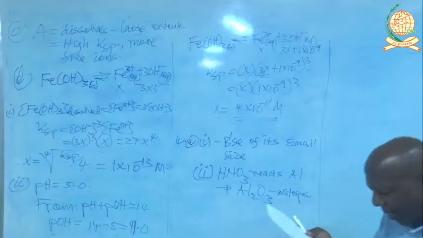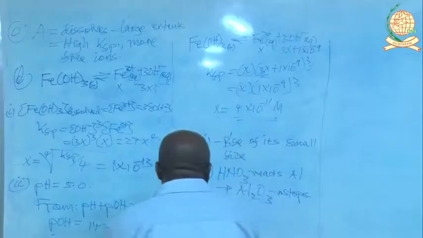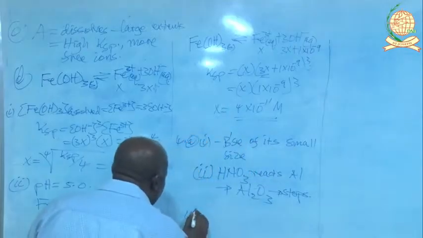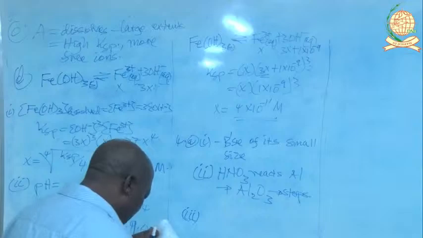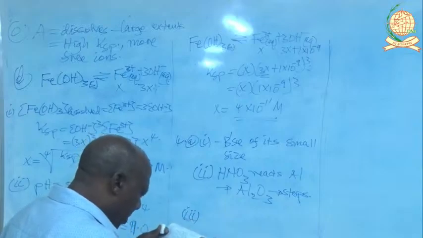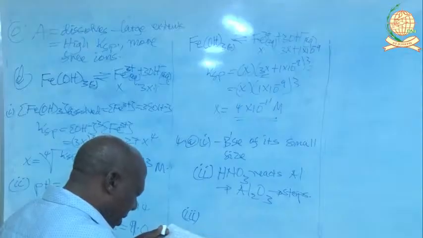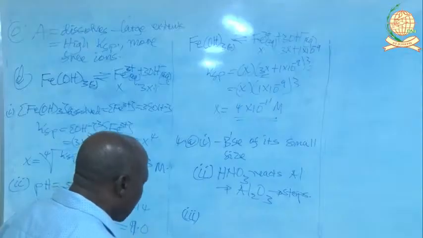Then Roman 3, anhydrous magnesium chloride cannot be prepared by heating hydrated magnesium chloride hexahydrate.